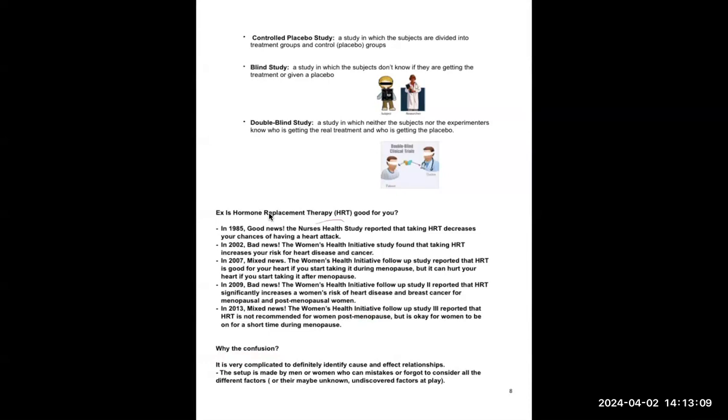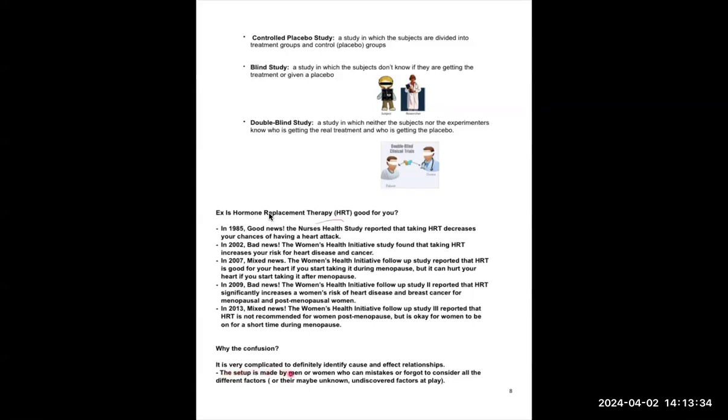So the answer to that is it is very complicated. And it's the reason why we don't have a cure for cancer. We don't understand what causes cancer to this day. It is very, very complicated. There are a lot of different factors that may be coming together to make one person get cancer while another person doesn't. There's just a lot going on.